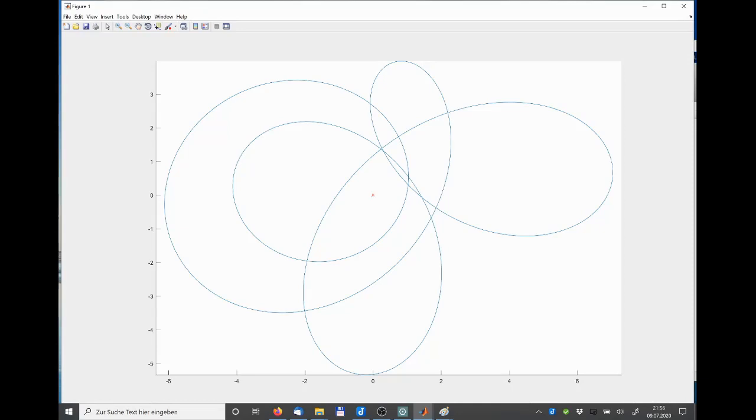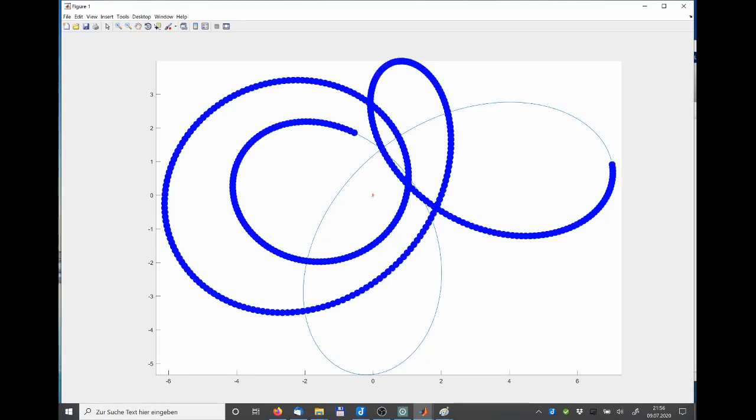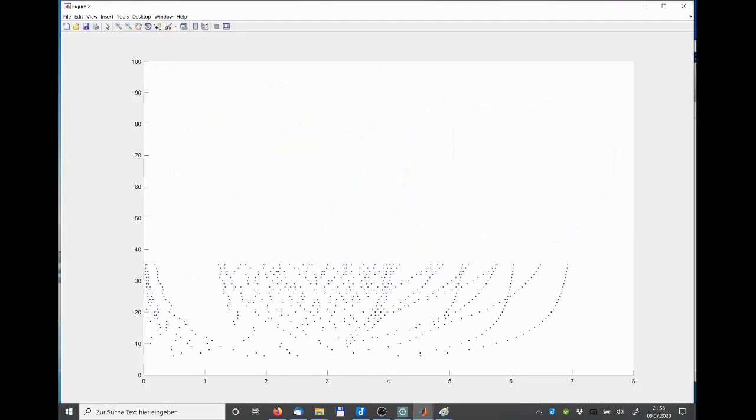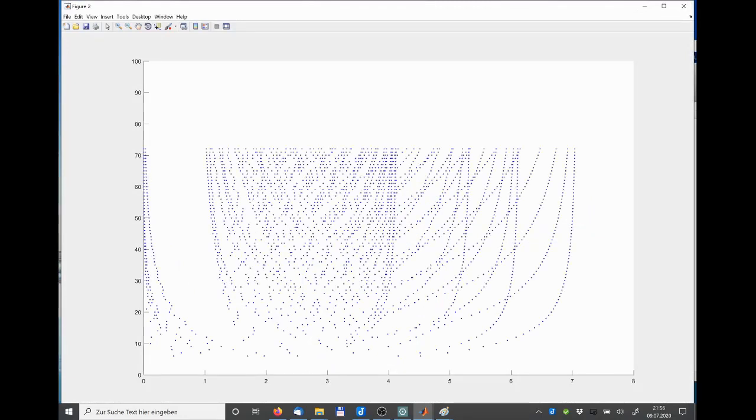So here we go. 1, 2, 3. So I'm counting 3 windings or 3 rounds around the origin. So you should see 3 singular values running into 0 and the rest staying away. And I think that's exactly what we see.